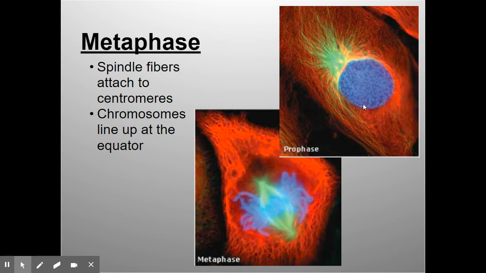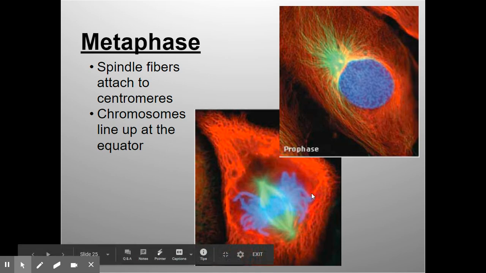So it goes from this to this. You'll notice your blue looks more like noodle threads or your X's rather than a big blob. And you'll notice all the blue is lined up in the middle.